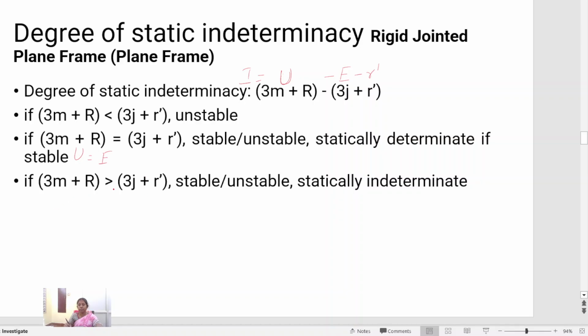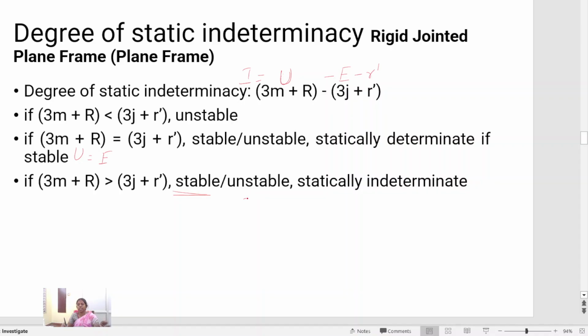Next, 3m plus r greater than 3j plus r dash means it can be stable. In most cases it is stable, or in some cases it is unstable because there might be a situation of not having a diagonal member or some other important member.